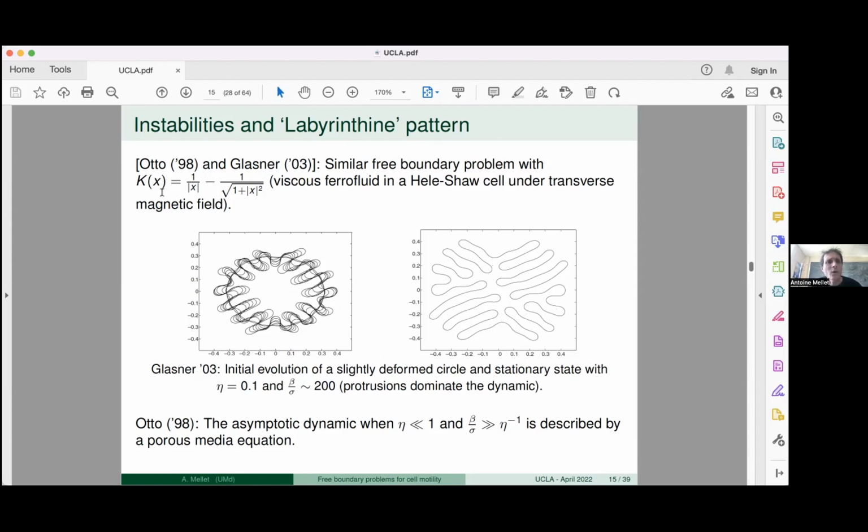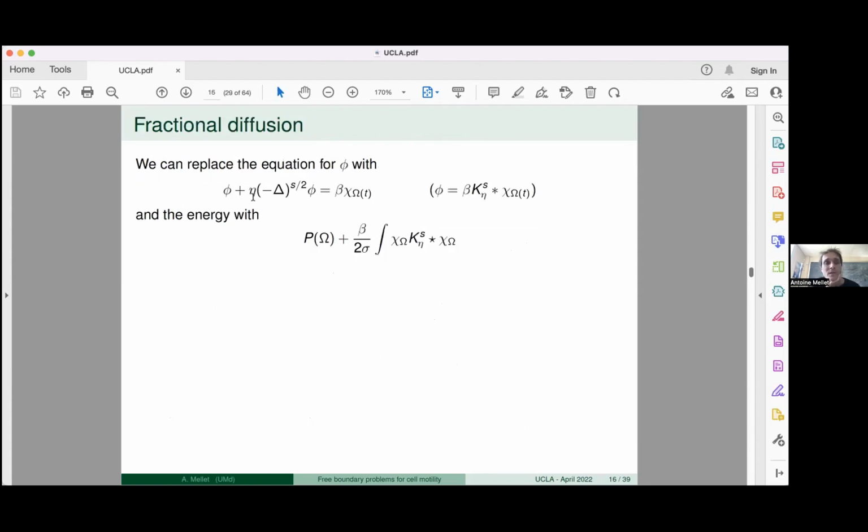Now, of course, in that framework the kernel is a bit different, right? You see this kernel here, 1 over x minus 1 over square root of 1 plus x squared. In fact, you can play a little bit, and we played with that with Yijing. So if we change the equation for the phi, and replace the diffusion equation by a fractional diffusion equation of order s, then it changes the energy just because it changes a bit the kernel that you're using.